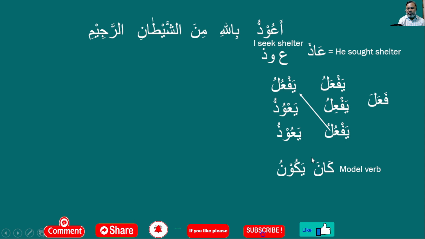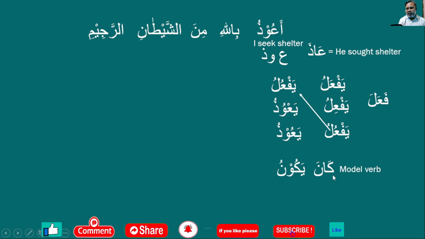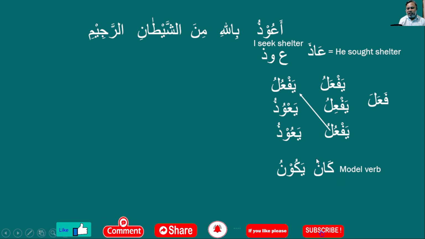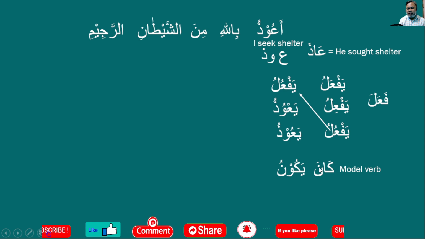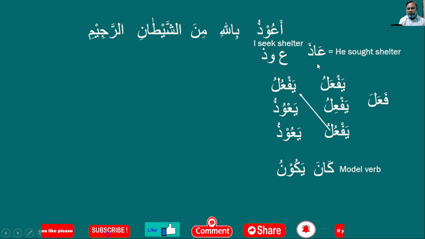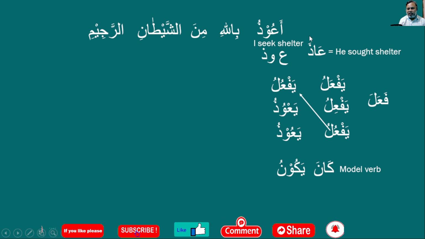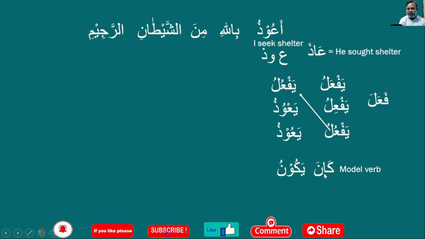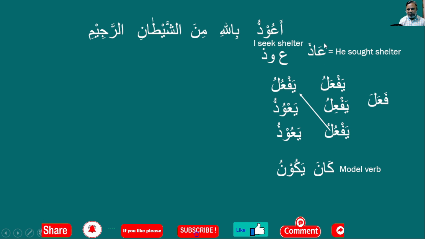So now we can explain this in another way. Like the kana verb we conjugated, the kana for past tense and present tense will be yakunu. So this verb aza follows this model, the kana model, because this is a similar pattern.